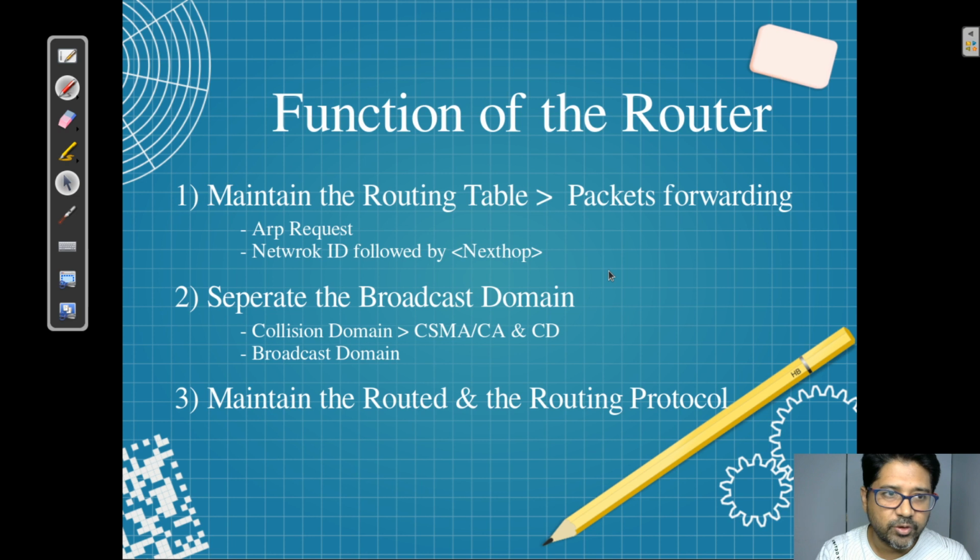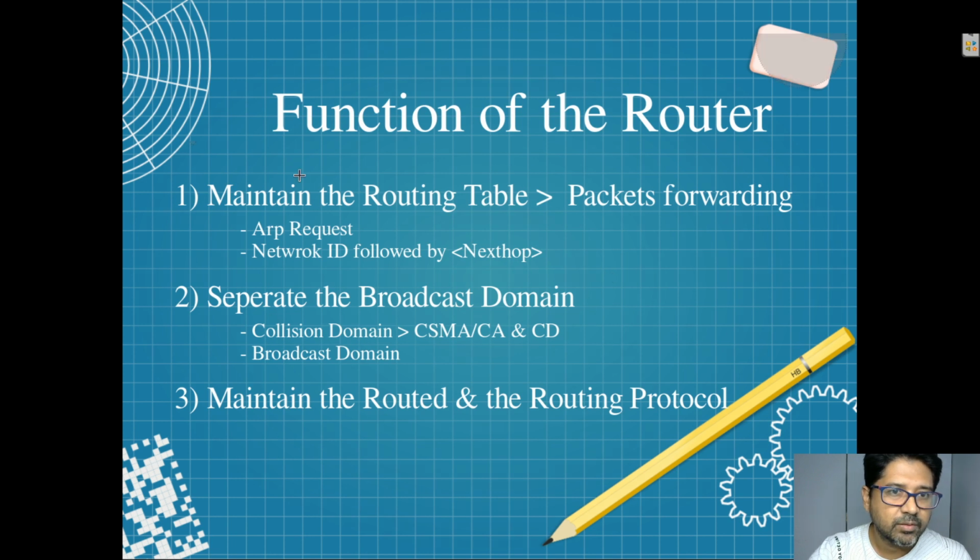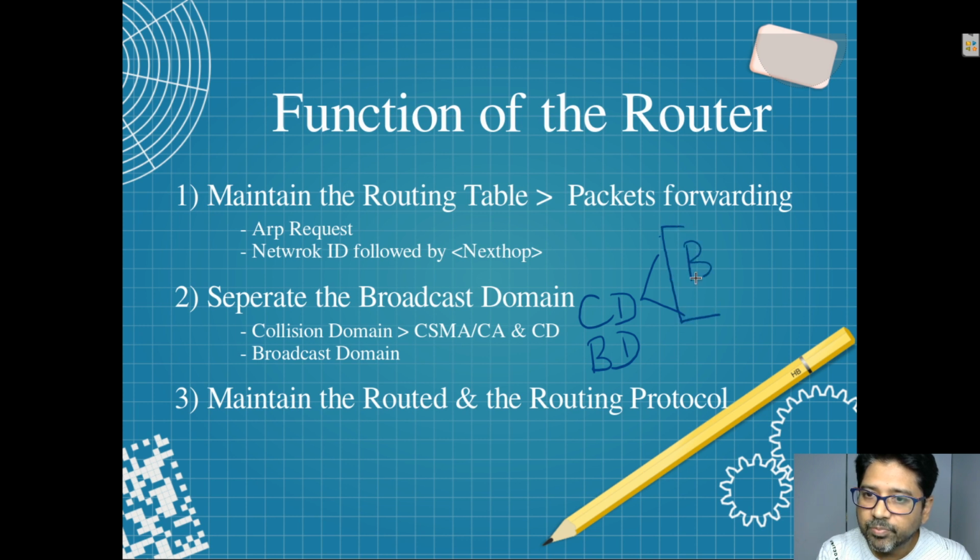First terminology we have collision domain, and second we have broadcast domain. So collision domain belongs to the bridge or switches, where each and every port is associated with a separate collision domain.